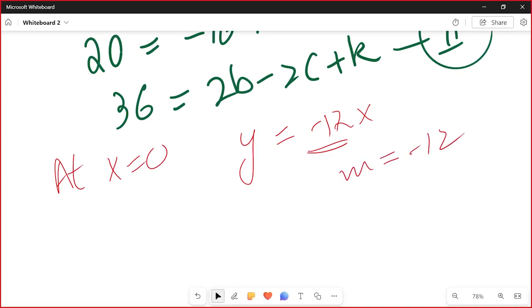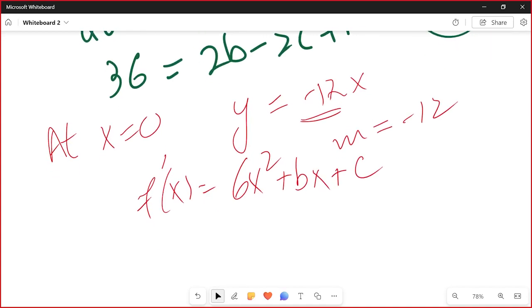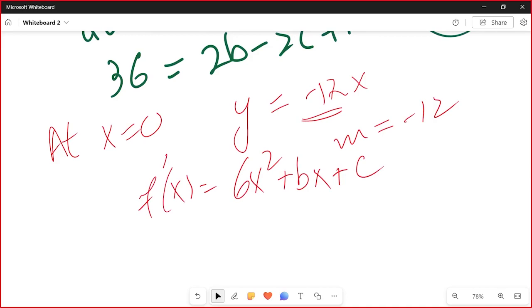And that slope is dy upon dx, which we had. So we had f bar x, and I write it again: 6x square plus bx plus c. It says that x is equal to 0, so m is minus 12.